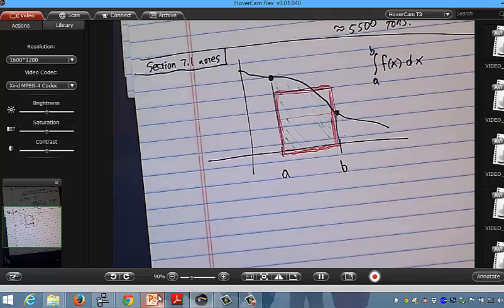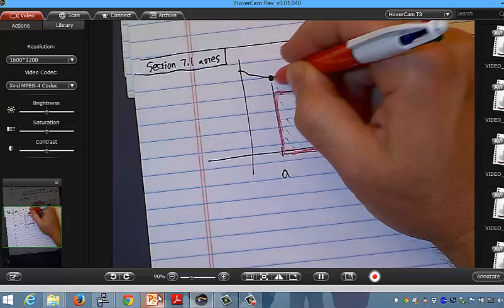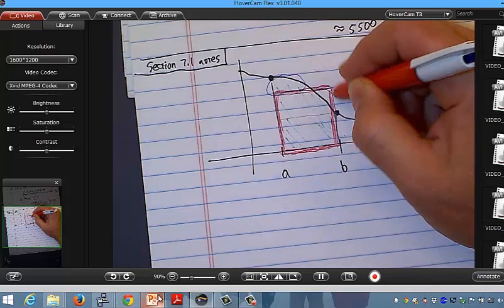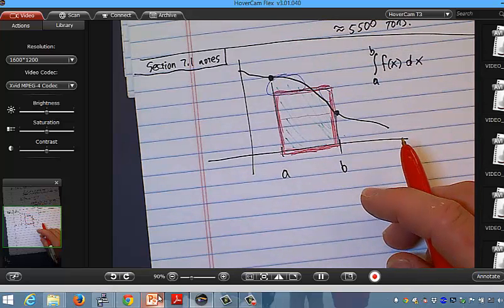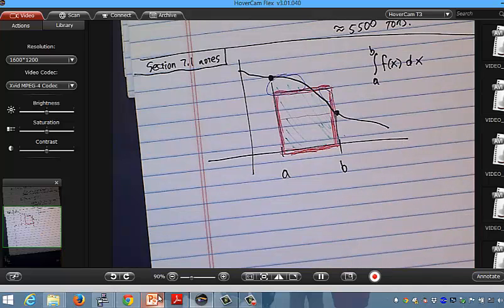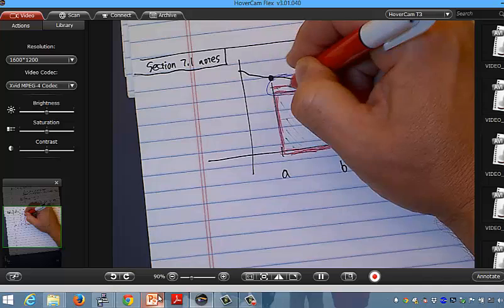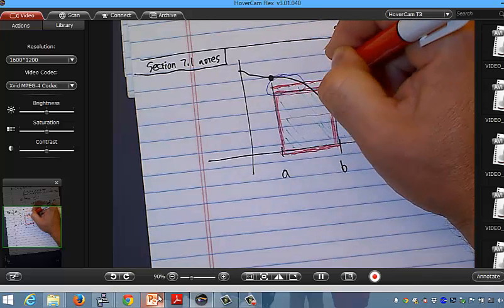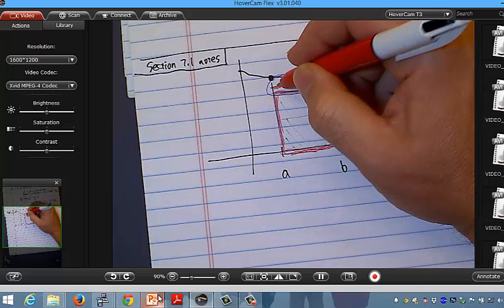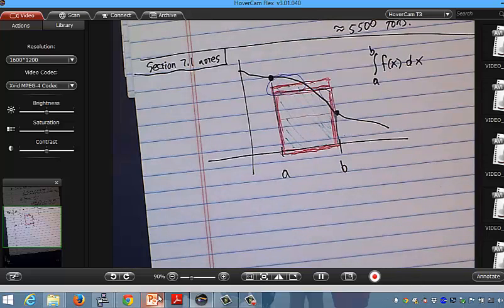Well, that's the thing. We don't know if they're equal, right? I need this piece to equal that piece, right? Are they equal? We don't know. Maybe if I slide it up a little more, would they be equal? Is there a place somewhere I can put it where they would be equal? Yeah, probably.